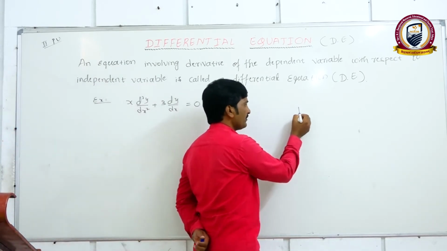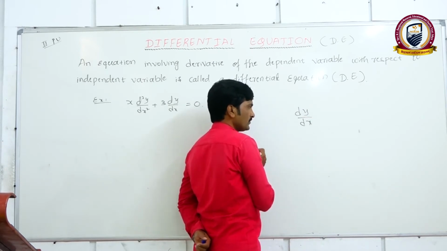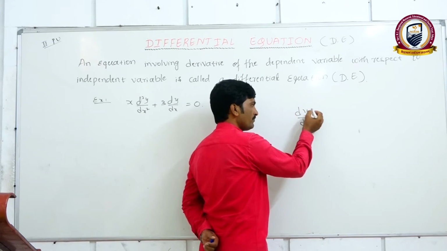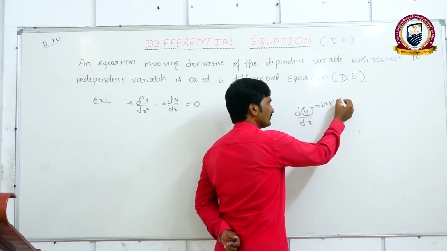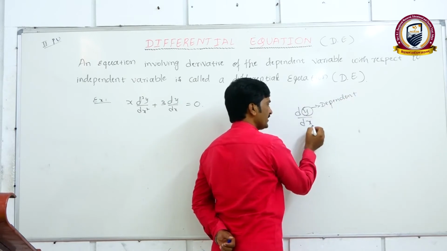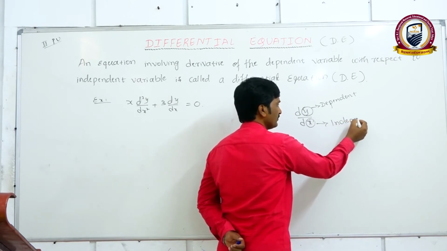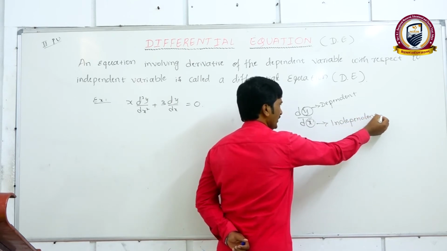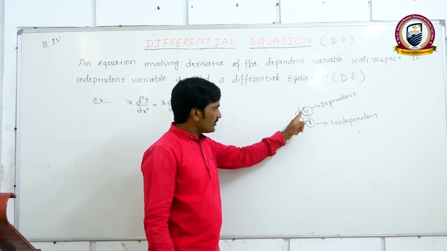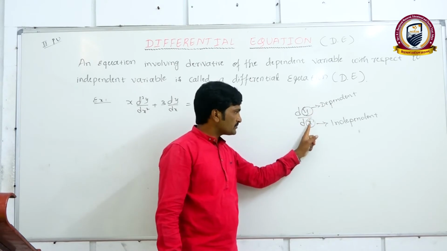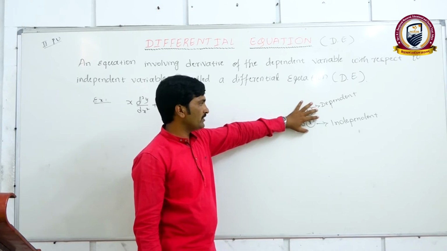What is meant by dy by dx? dy by dx means y is a dependent variable and x is an independent variable. So differentiation of a dependent variable with respect to the independent variable is called the derivative term.